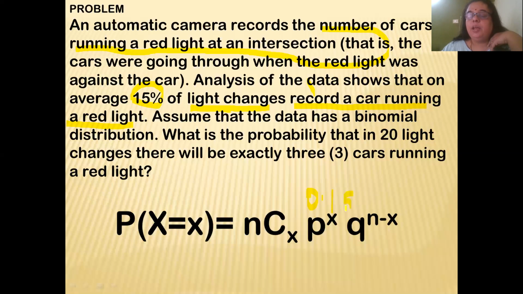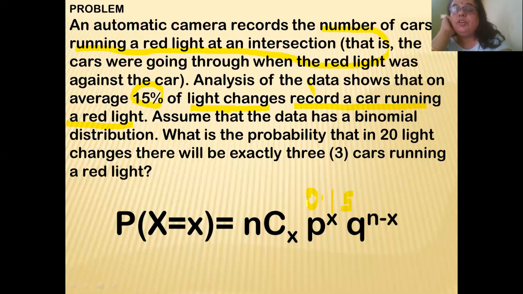As I said in my earlier video, success or failure is not literal. For example, if I'm observing an experiment where cars move from yellow light to red light after the red light has been announced, it is actually a success for me if there is a car which moves.